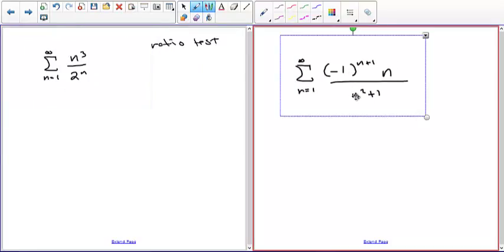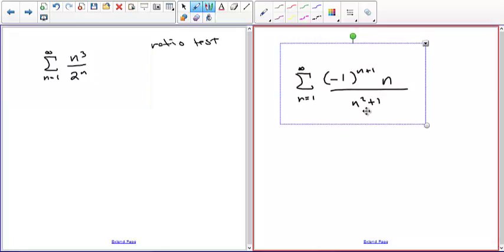So you have to apply the same rules that we just did previously. You have to look at the limit of n over n squared plus 1 as n goes to infinity. Is that equal to 0? And also, is a sub n plus 1 always less than a sub n? I know what the answers to those questions are, but you need to do that.